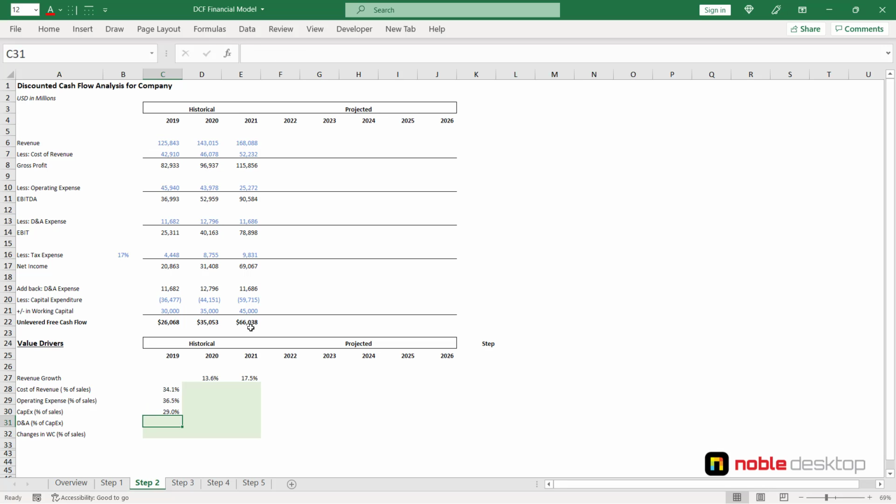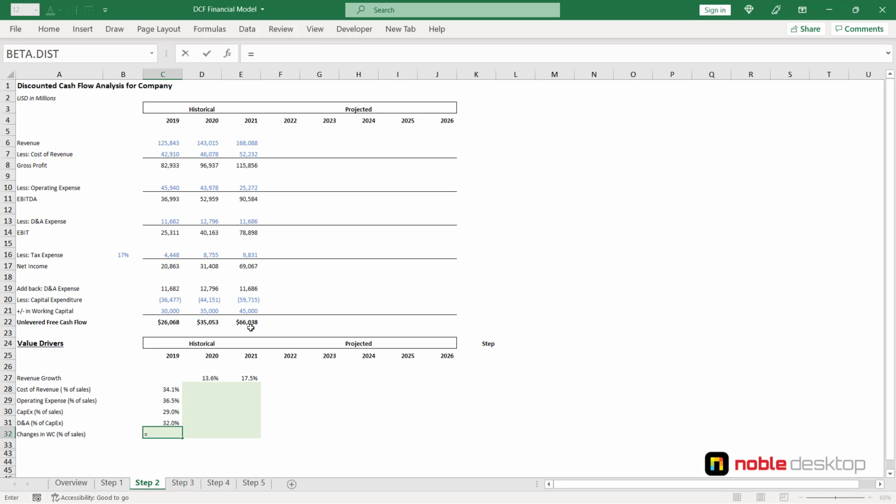My D&A as a percentage of CapEx will be D&A given above divided by CapEx. And again, because CapEx is negative as a cash outflow there, and I want to see value drivers as positive numbers, I'm going to multiply it by minus 1.